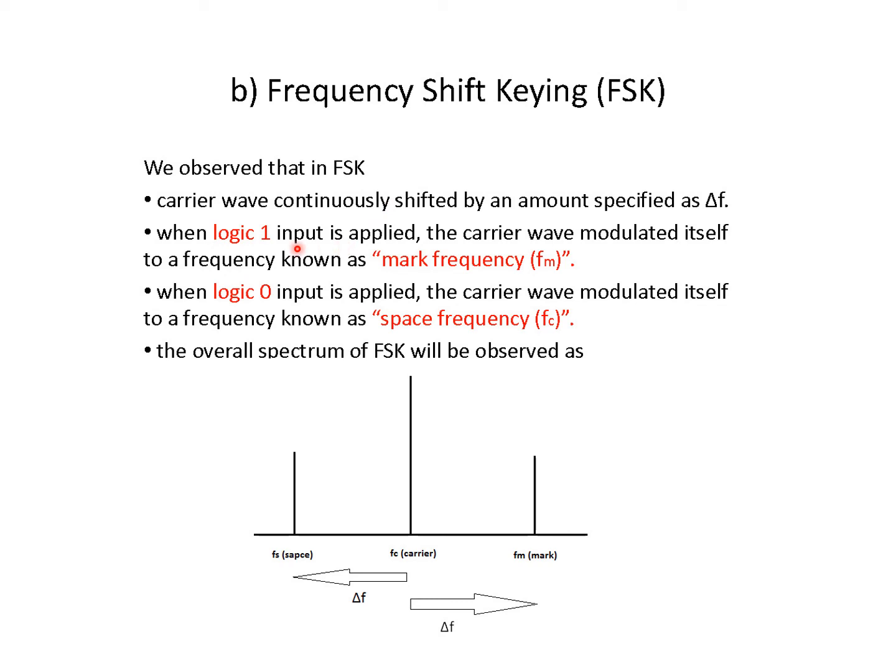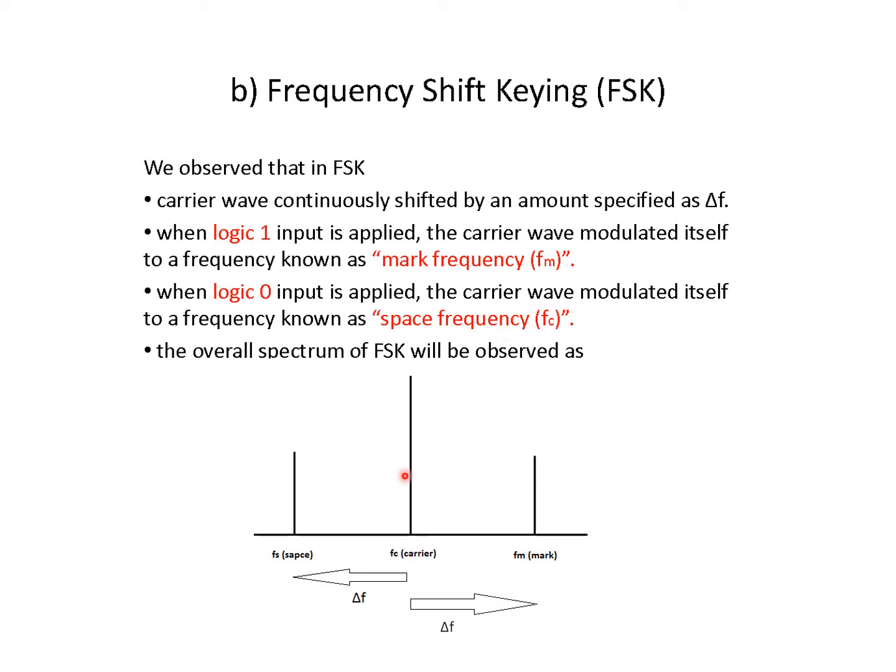So in frequency shift keying, as we already discussed, there will be two frequencies in the output, in which we call the high frequency the mark frequency, and the low frequency the space frequency. Just two names for the high frequency and low frequency.